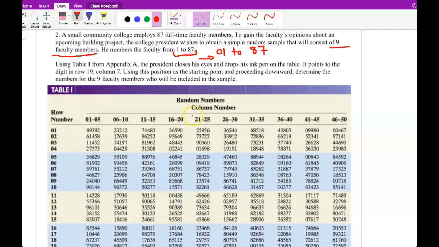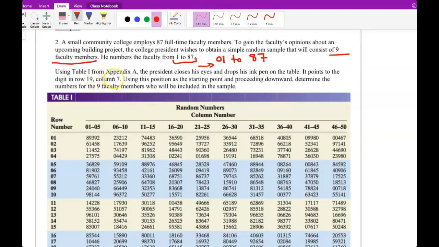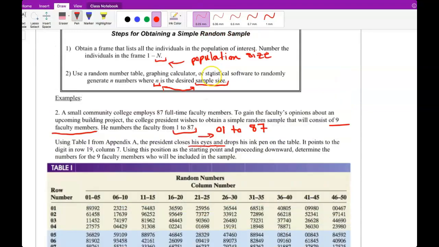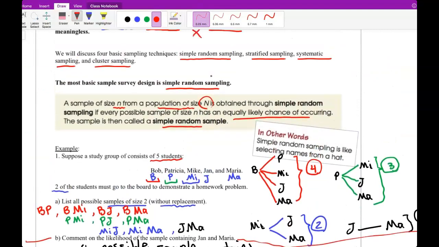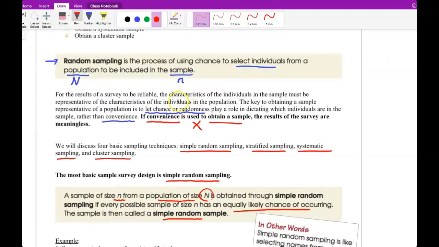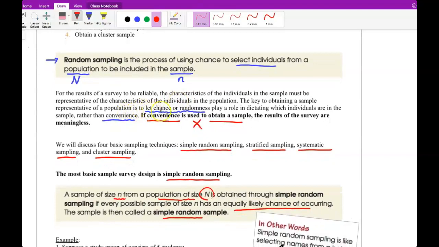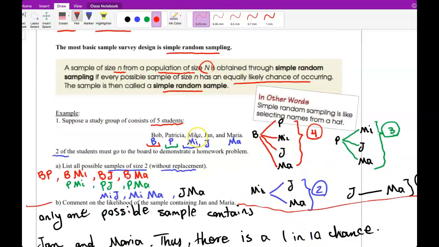So we have that, using the table from our textbook. The president closes his eyes and drops his ink pen on the table. That means we're following the steps that we had on the first page. To let chance or randomness decide, you should have that rule.